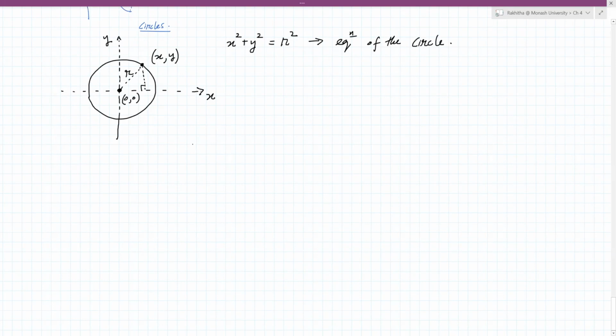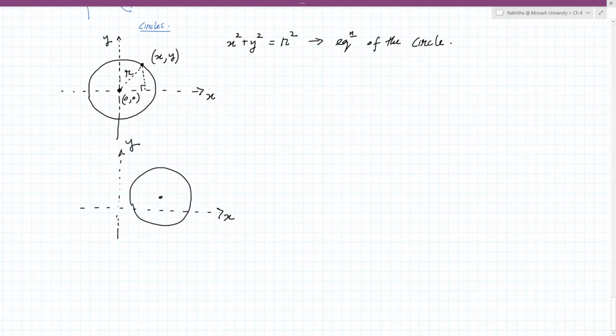Now, if you extend the knowledge, you can have a system where your circle is here, which is called off-centered. Okay, this is an off-centered circle. Your x-axis is this, y is here.